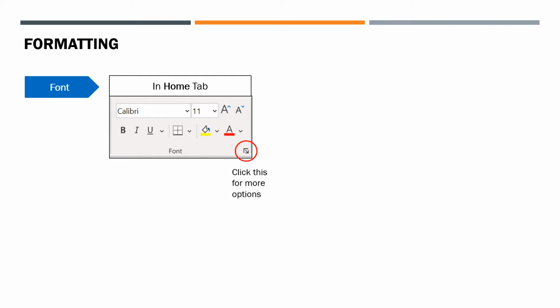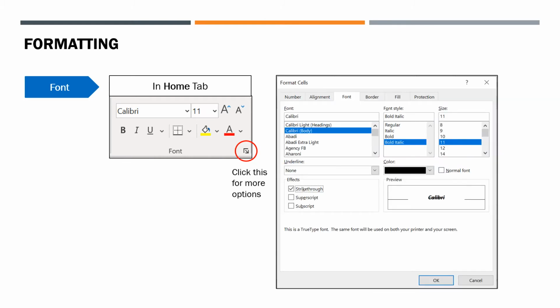You can also click the arrow pointing downward, and just choose which font you are going to use, and the font style, whether it is regular or italic or bold italic, and also the font size. And if you want strikethrough, superscript, and subscript, you can also add those.